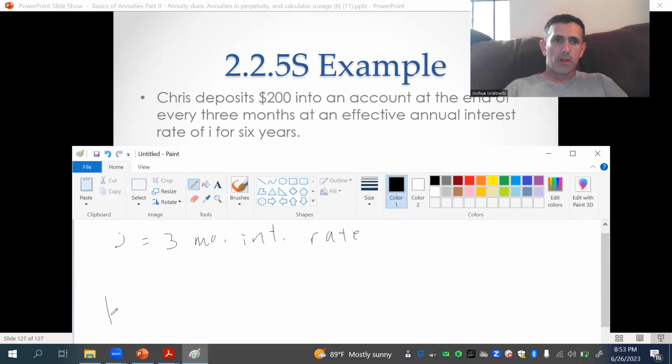Okay. So let me draw first the 6-year time diagram. There are 4 3-month periods in a year, 6 years.